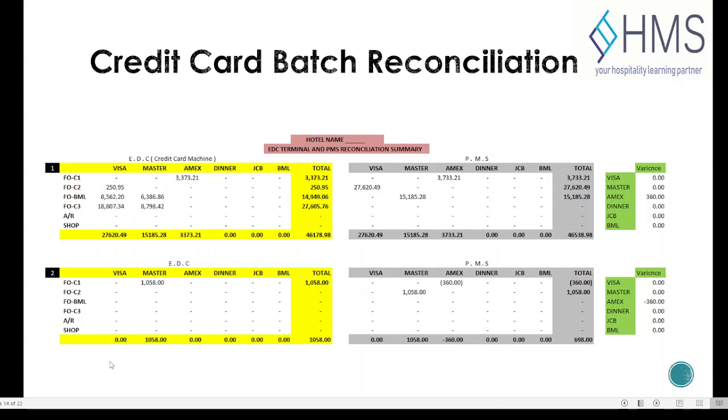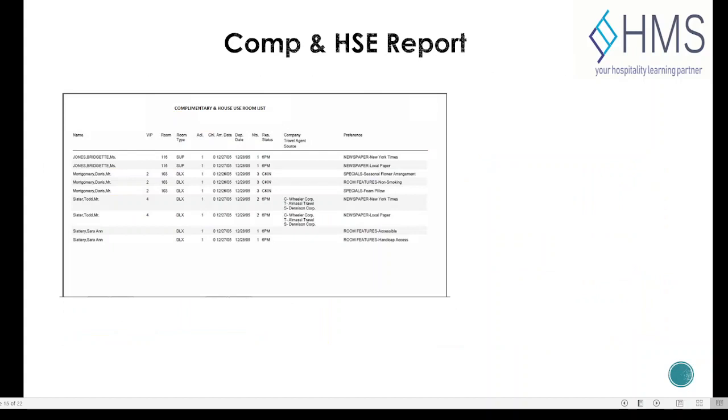So this one side is the terminal, another side is postings into the PMS, and there will be one more side after this, which is the actual collection by the terminal, so that you could actually post the transaction. That's important. It's a standard report from the PMS. Most of the PMS are generating in the same format.